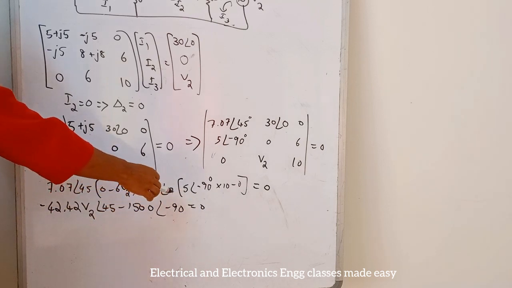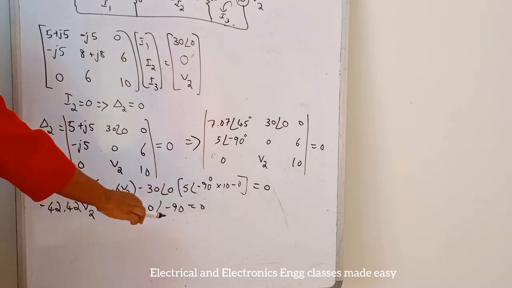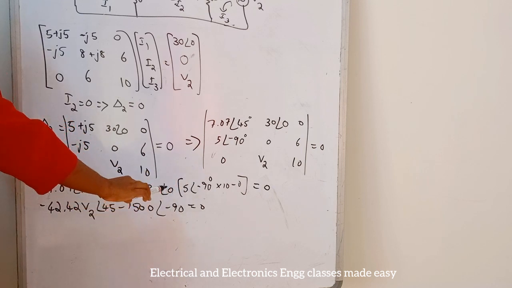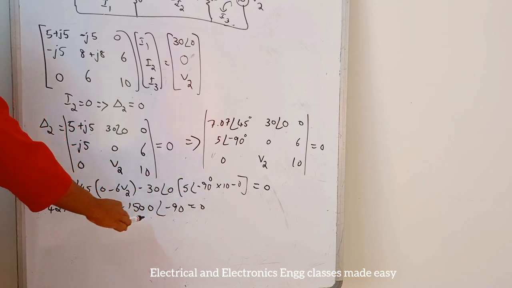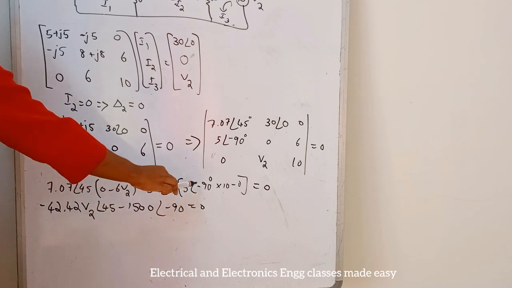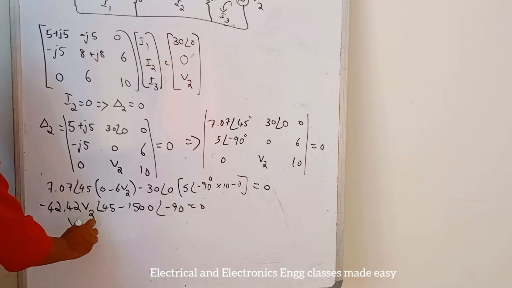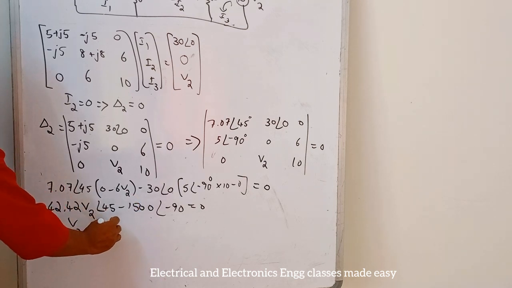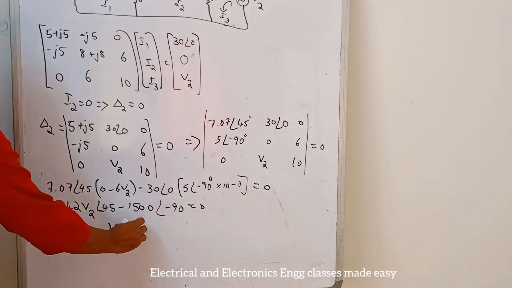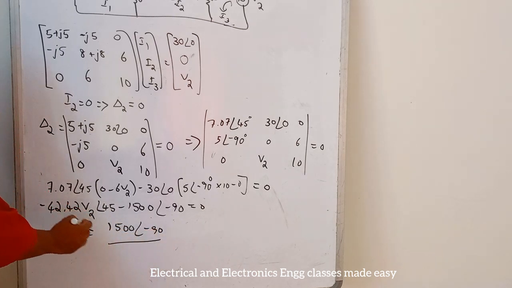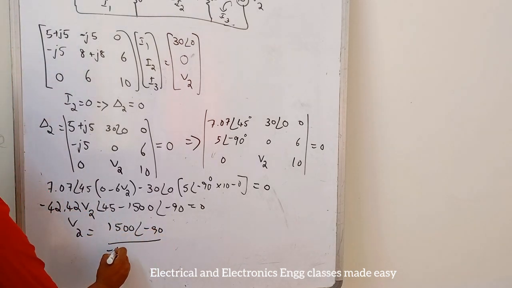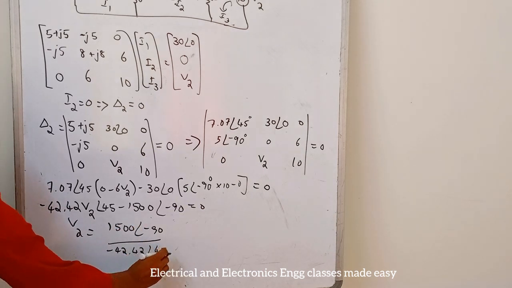Because in multiplication we have to multiply the magnitudes and add the angles, 30 into 5 into 10 is 1500, and 0 plus minus 90 degree is minus 90 degree. So from here we can find the value of V2. V2 is equal to 1500 angle minus 90 divided by minus 42.42 angle 45.